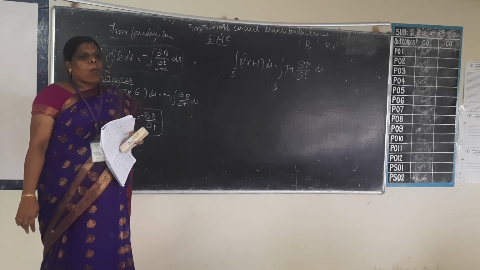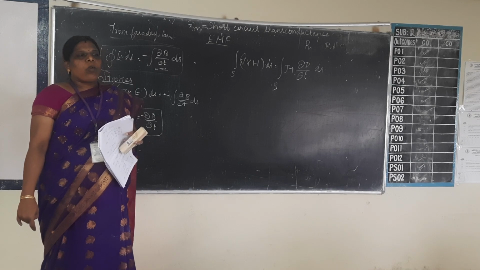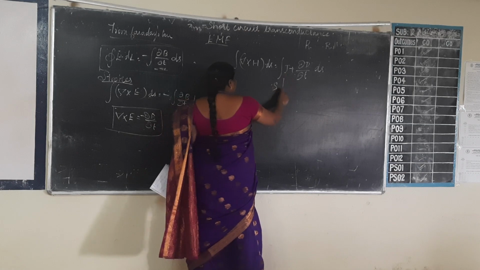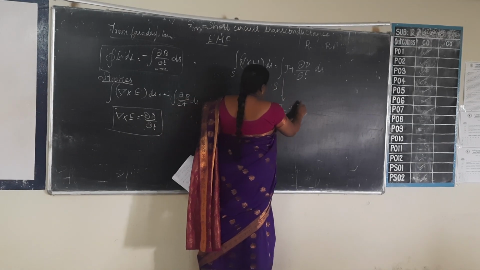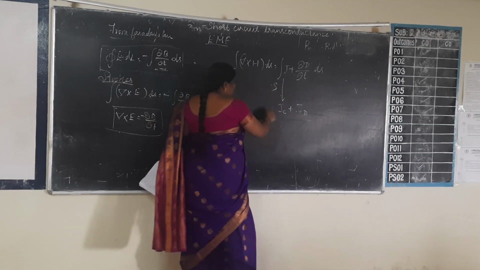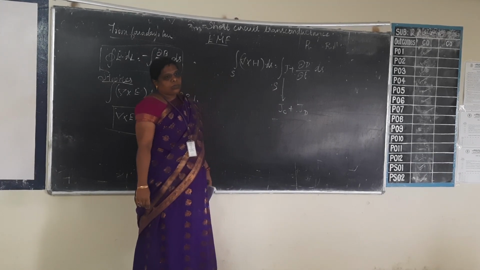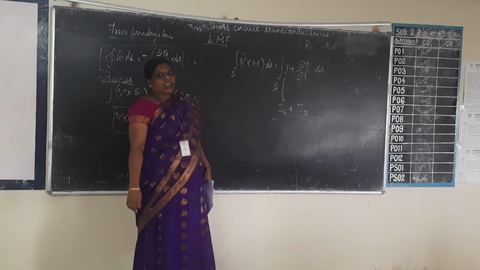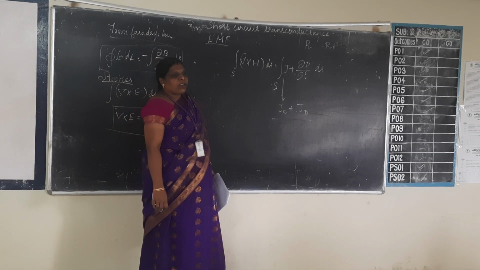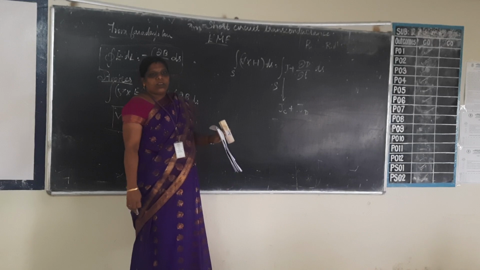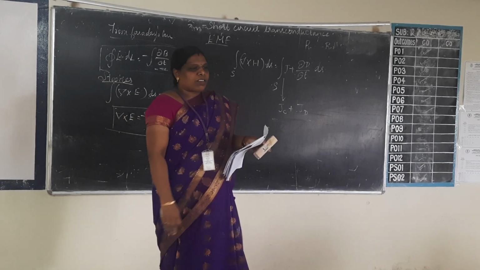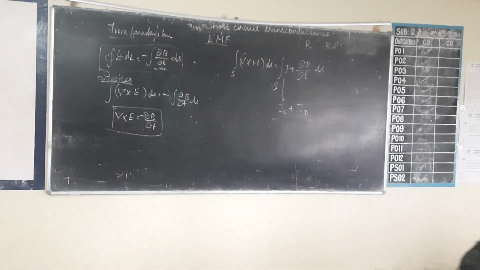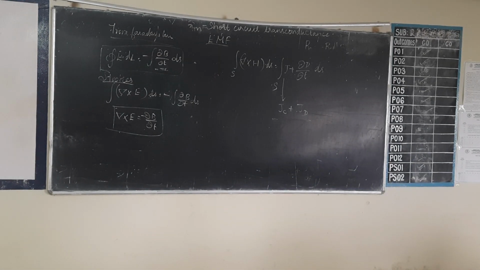The displacement flux, electric flux density. J is the conduction current density and dou D by dou t is the displacement current density. Okay, right? So these you have to write now.